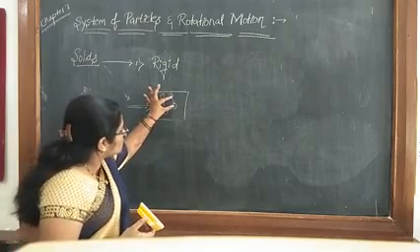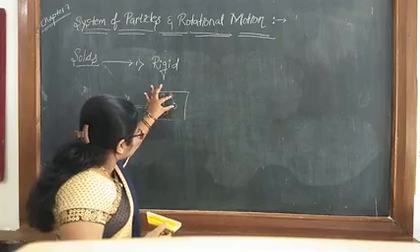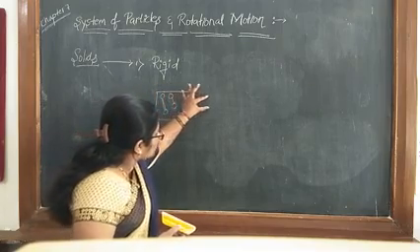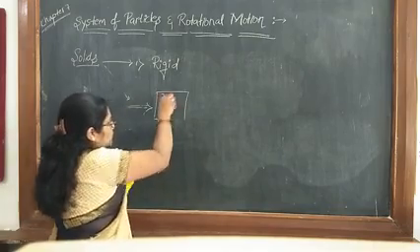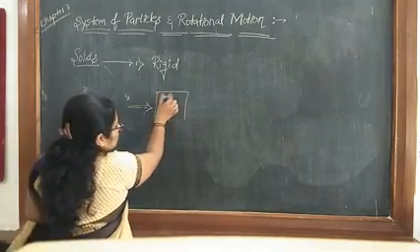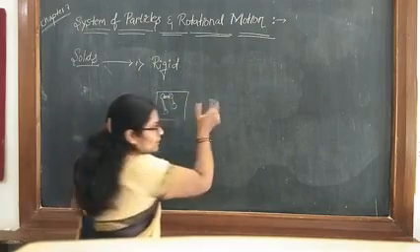Understood? If you consider these 2 particles and the object is moving, these 2 particles are also moving, keeping the same distance. Or otherwise, consider these 2 particles as the pair. If this body is moving, these 2 are also moving by keeping the same distance.